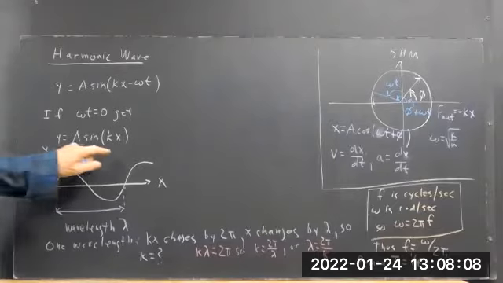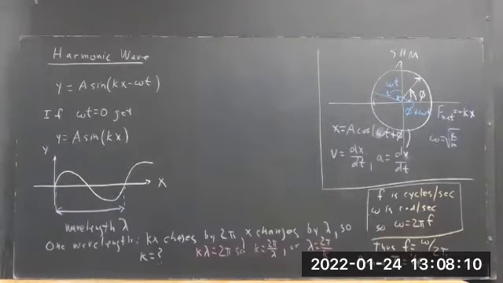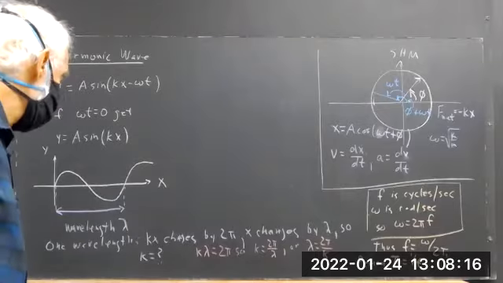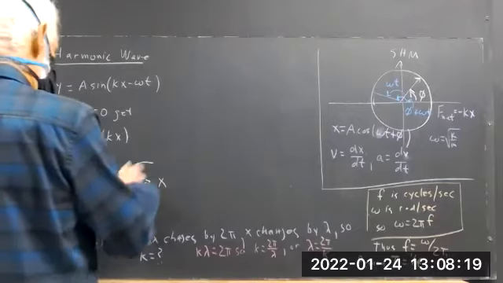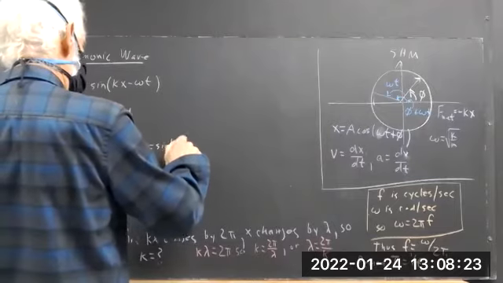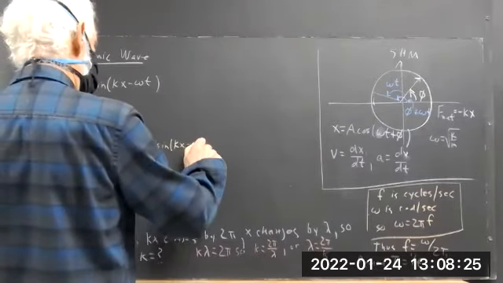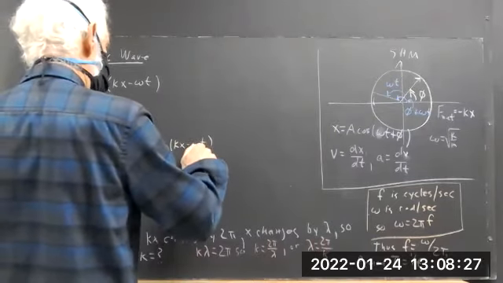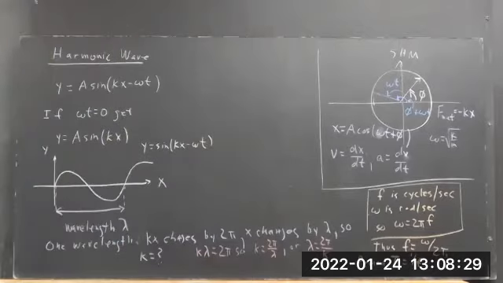Okay, so here's y equals a sine of kx, right? Now what if we want to do sine of kx minus omega t?